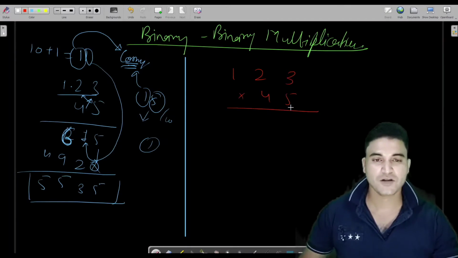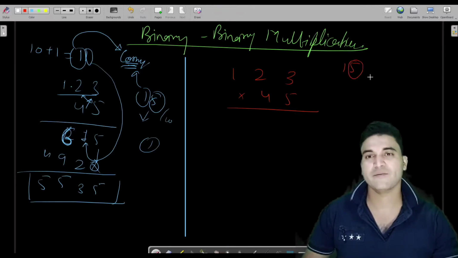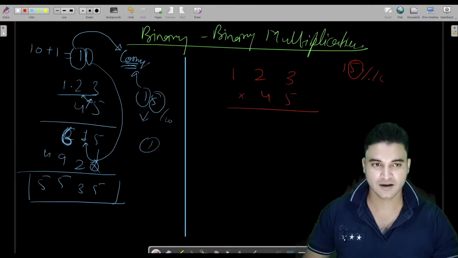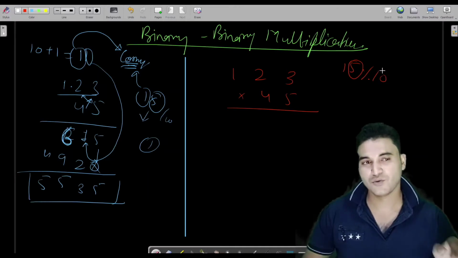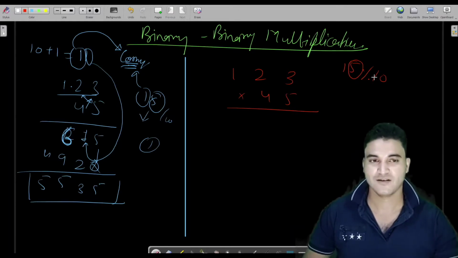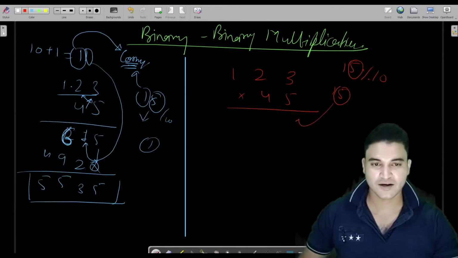So 5 into 3 is 15. We used to take the remainder of 15 with 10. Do you even realize why we are taking remainder with 10? You might say that we have 15, so we pick this digit to write here and this digit to store in the carry.